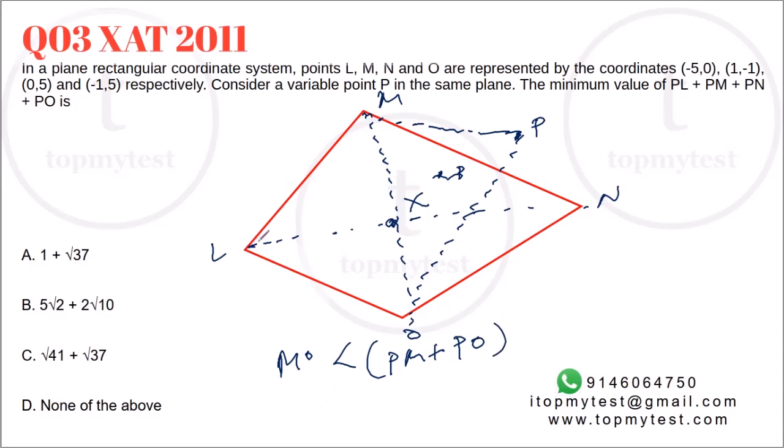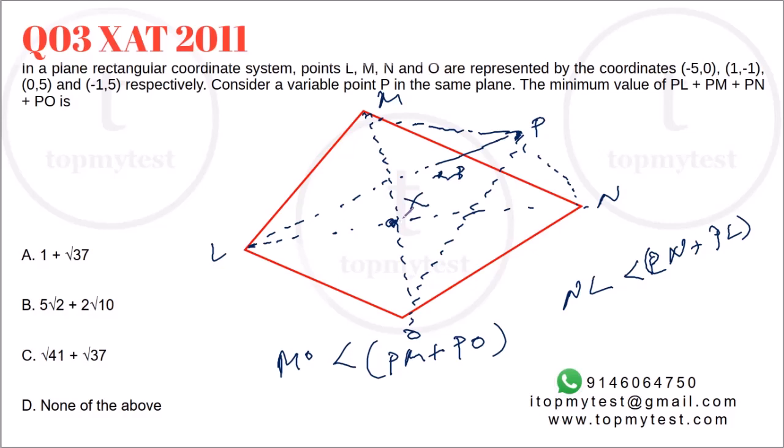Similarly, if you take the other two corners, we also know that NL will be lesser than PN plus PL, which means that the distance is minimized if X and P coincide.